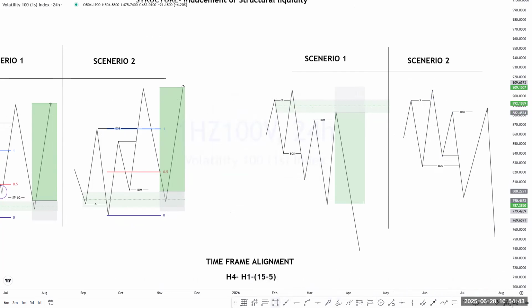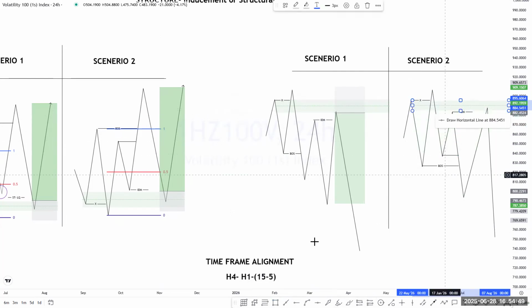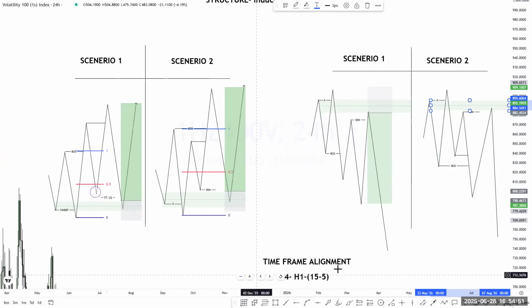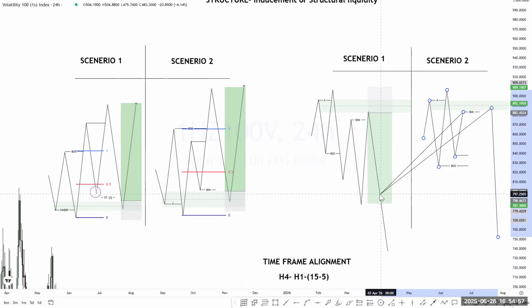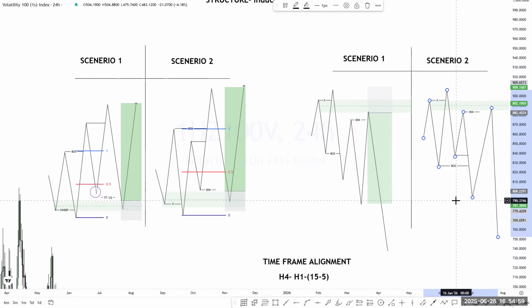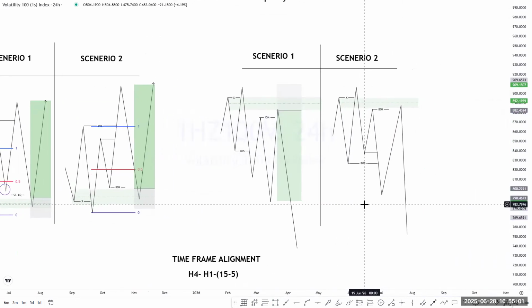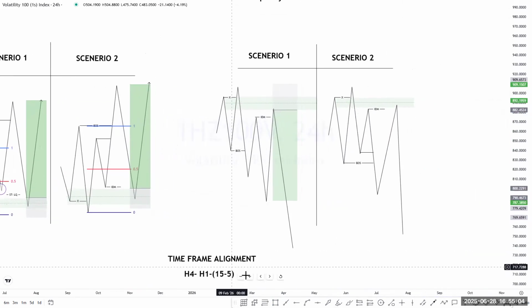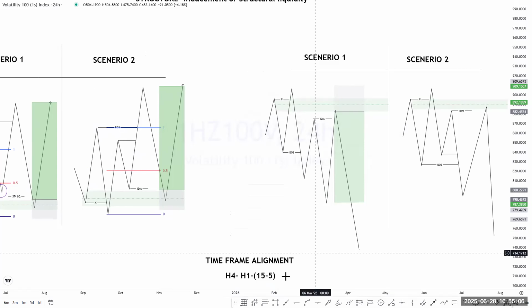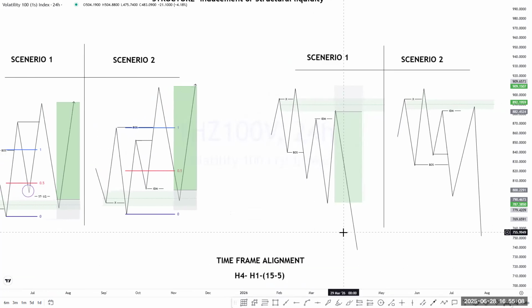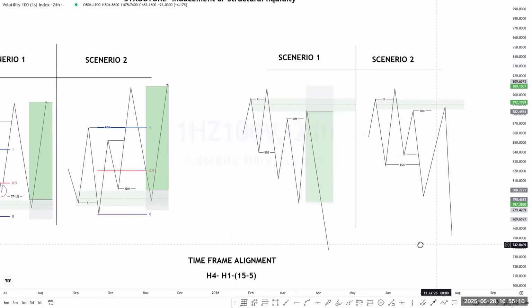You enter from the QMR. Green. You enter from the QMR. Sorry, I just want to minimize this so that we can have more clarity.